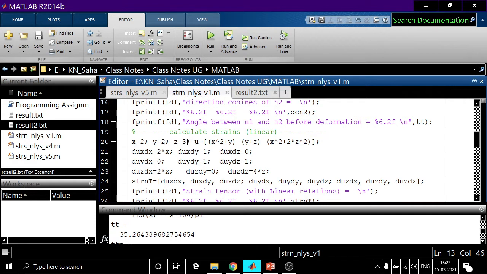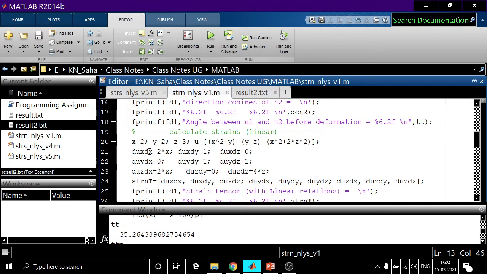This is the displacement field, given as x square plus y in the i vector and y plus z in the j vector. This is our ux, this is uy, this is uz.